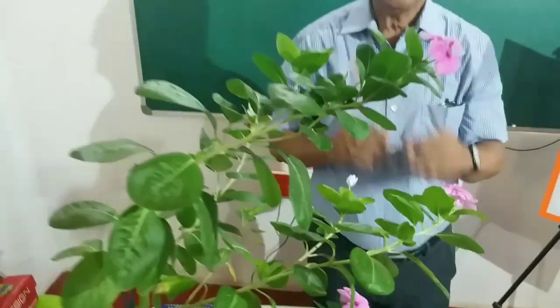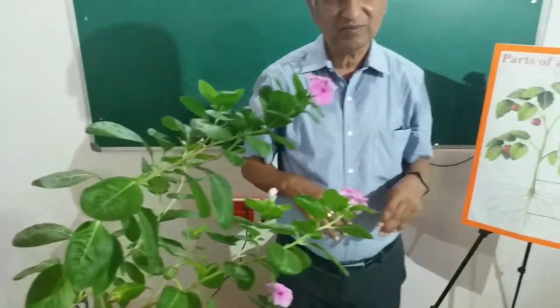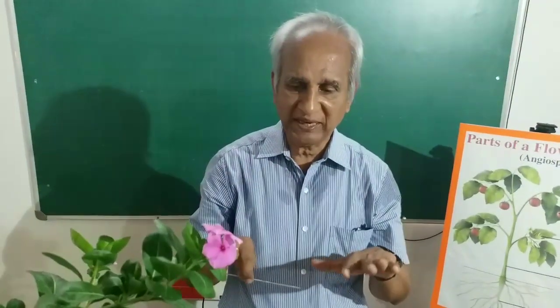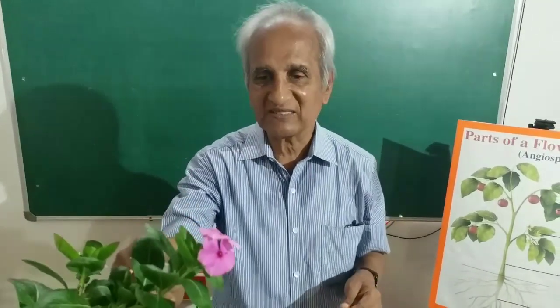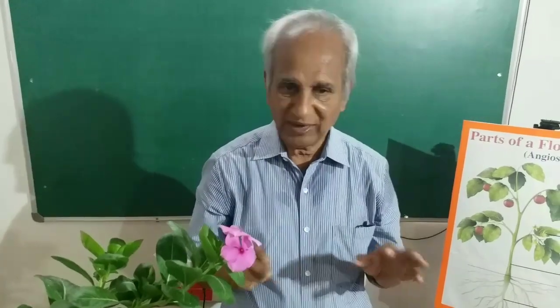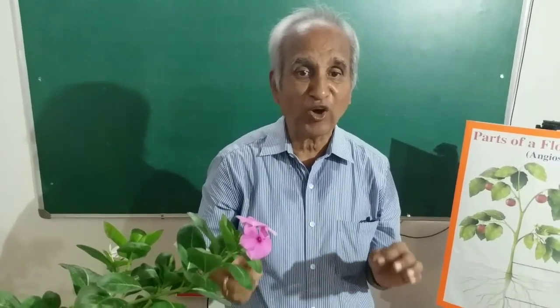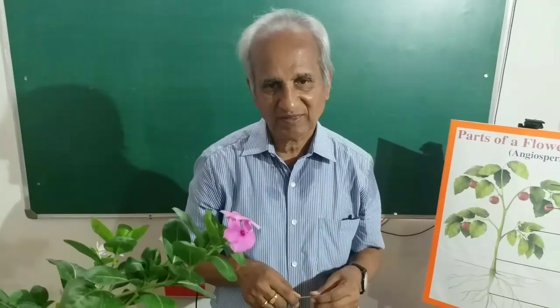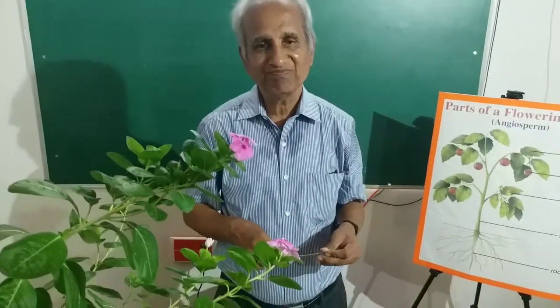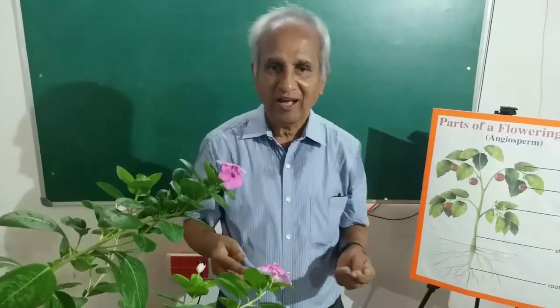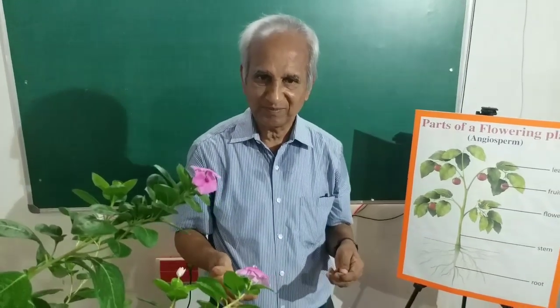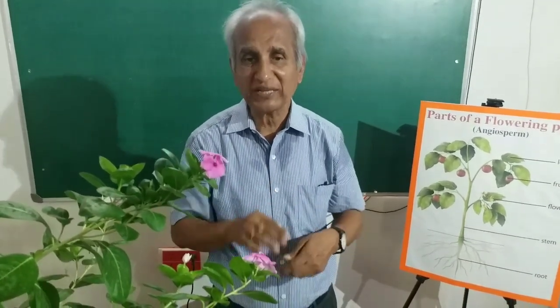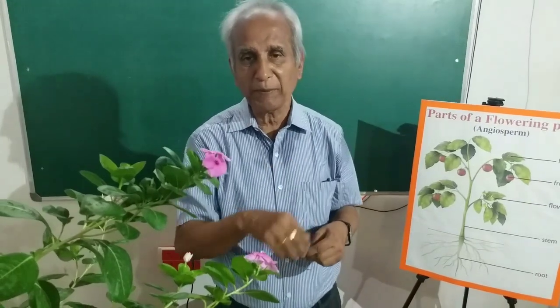Then the plant, once it grows and reaches an appropriate stage, it starts producing flowers. Flowers are the reproductive organs of the plant. The plant has to reproduce. It has to produce saplings of its own kind. For that, seeds have to be produced.